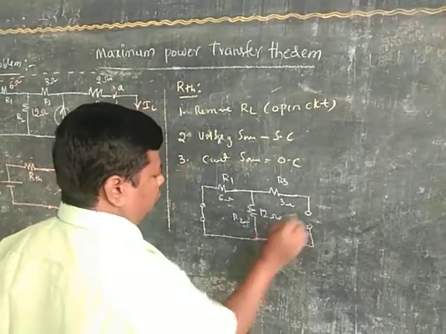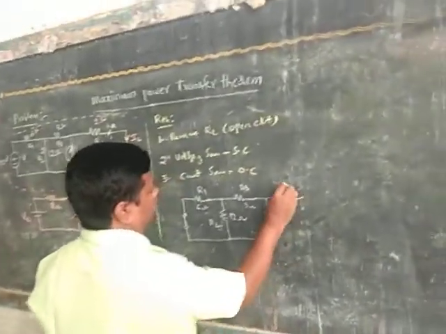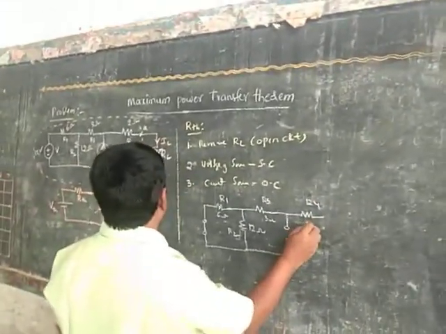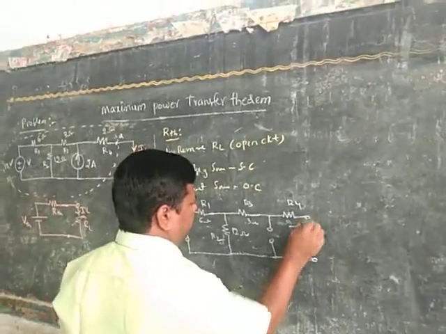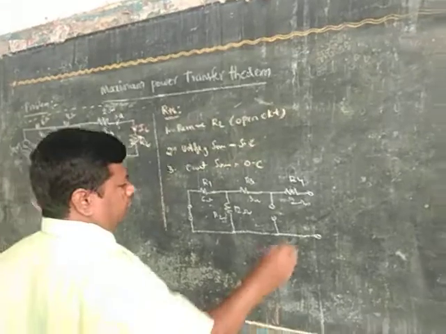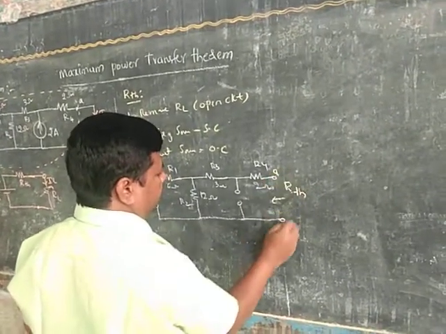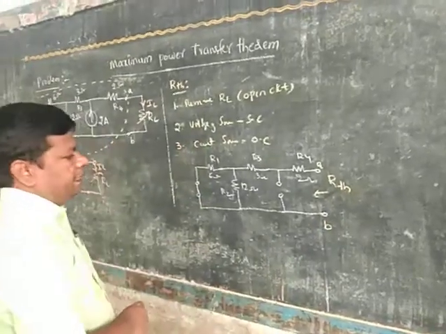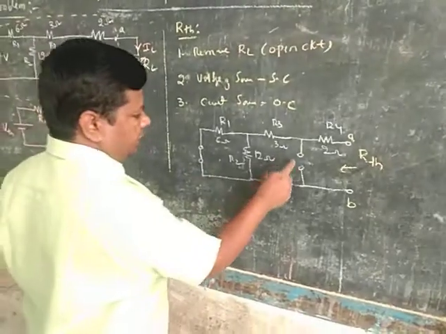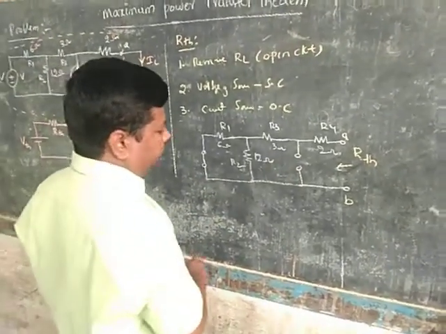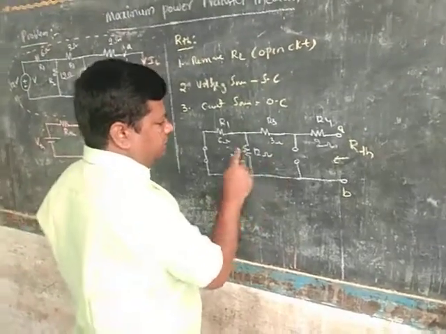Here current source open circuit, then R4 2. Now find R Thevenin between nodes A and B. Here voltage source short circuit, here current source open circuit. Again here open circuit, there is no current flowing through this branch.